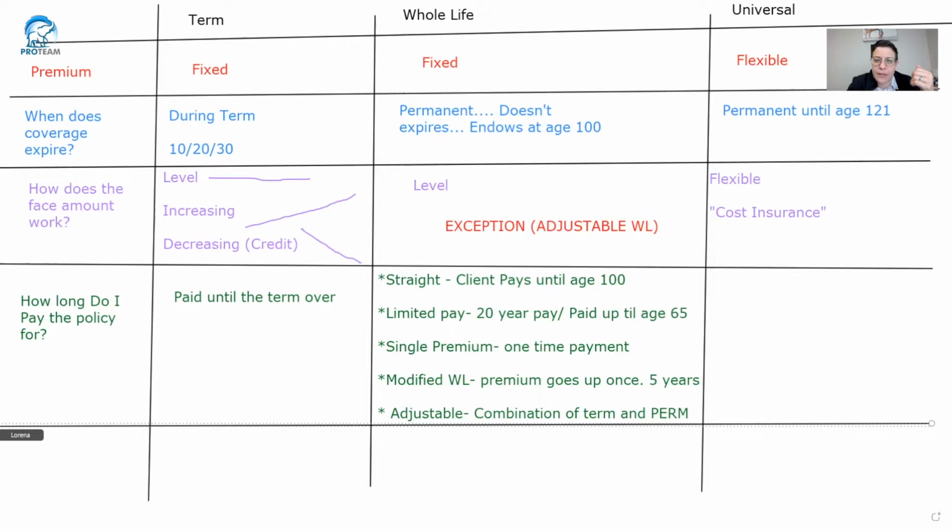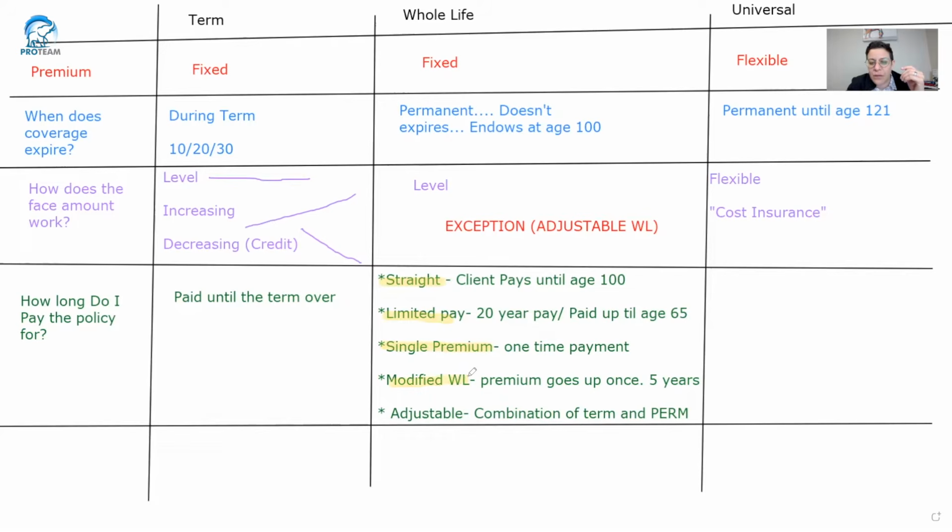Okay, very good. So that is basically all you need to know about whole life policies. And by the way, here is the cool thing. The name of the whole life policy is based on this. So you're going to see whole life or straight whole life. You're going to see limited pay. You're going to see single premium.